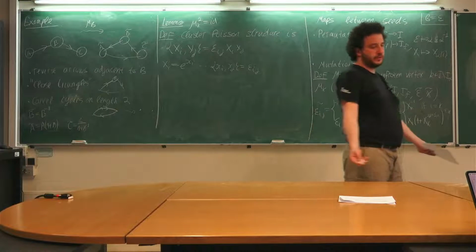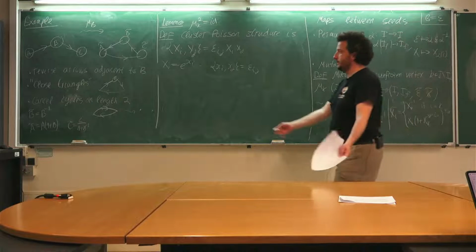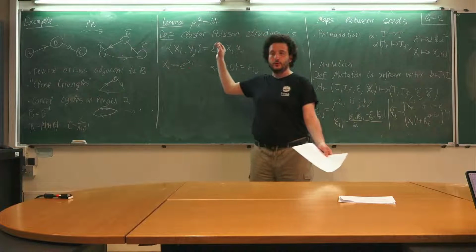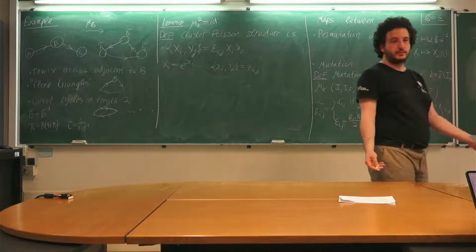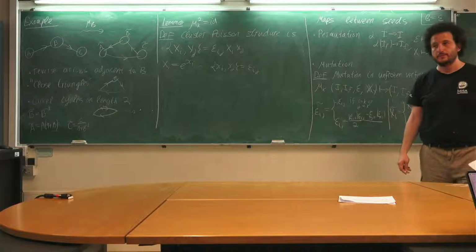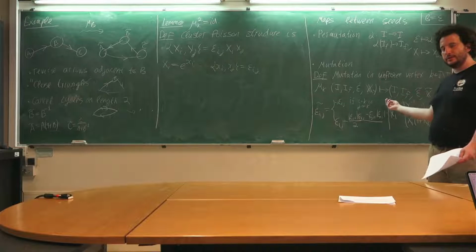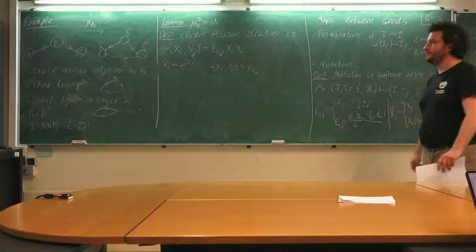You can ask, then why do you bother us with these capital letters where you have a quadratic Poisson bracket? Why don't we work with the logarithms? And the answer is due to mutations.